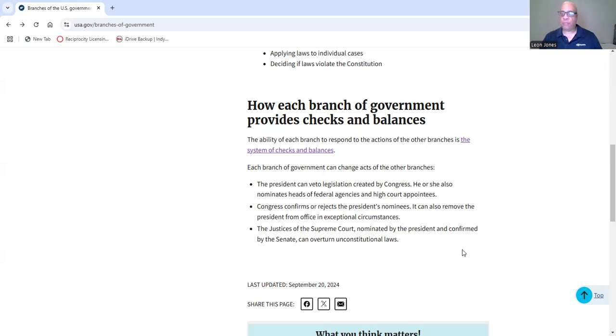The House can impeach the president, but the Senate can remove the president. That's what you must understand. And also, the justices of the Supreme Court are nominated by the president and confirmed by the Senate, and the Supreme Court can overturn unconstitutional laws.